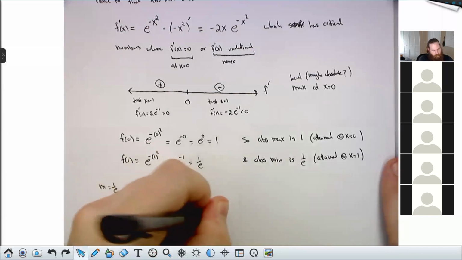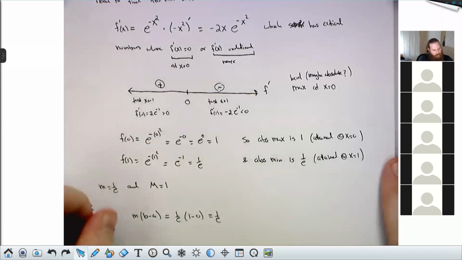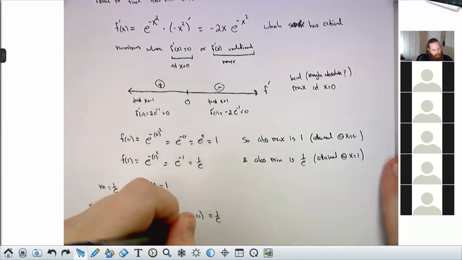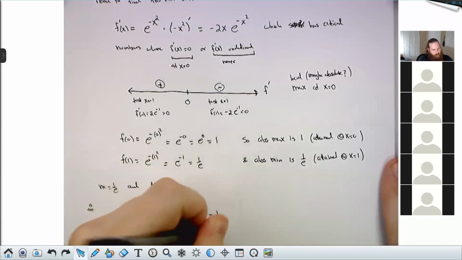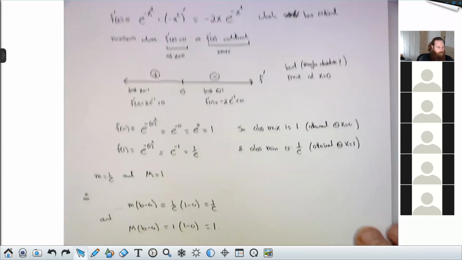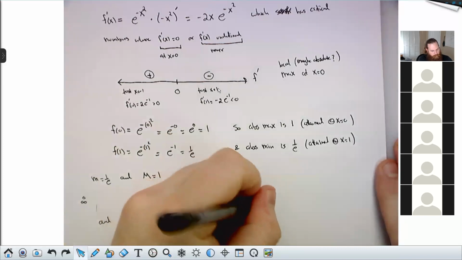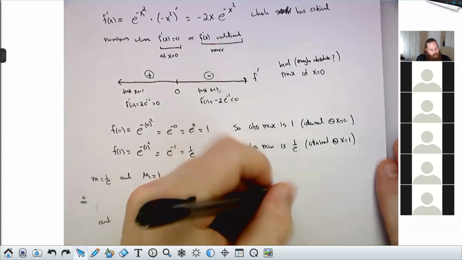This is just 1 over e. And big M times b minus a is 1 times 1 minus 0, which is 1. So the smallest my integral could be is 1 over e.